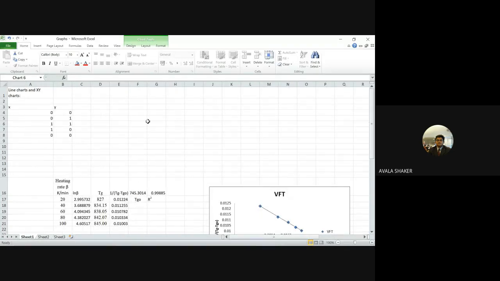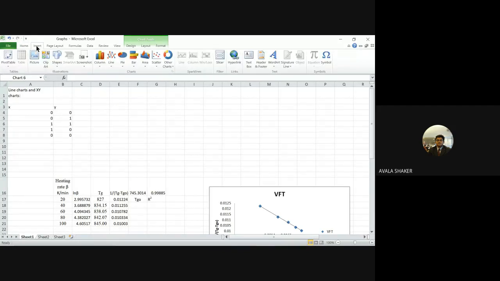Okay, so let's come to plotting of graphs. Suppose we have this data x and y. Then how do we plot this? Now you go to insert. You see that there's a line and there's a scatter. So let us plot both of that and see what it is that you're expecting.